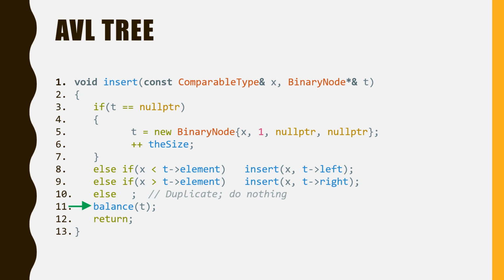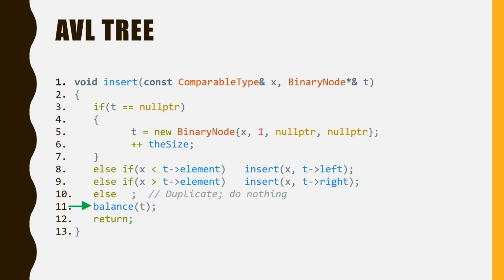Using the balance function, we can modify the insert function to ensure that it always maintains the AVL property. Specifically, in line 11, we call the balance function to rebalance the tree after inserting the new element. Note that the balance function only requires constant time, because all 4 rebalancing operations require constant time.